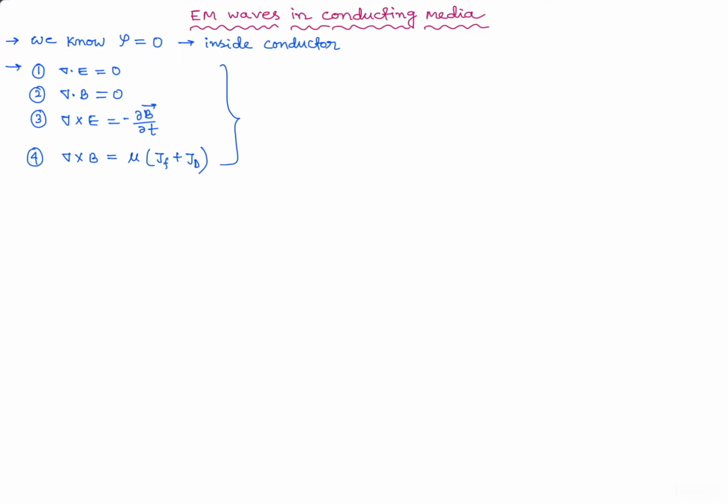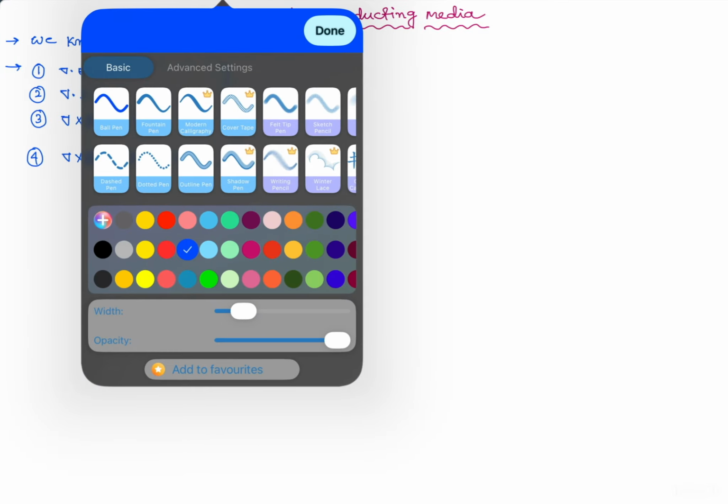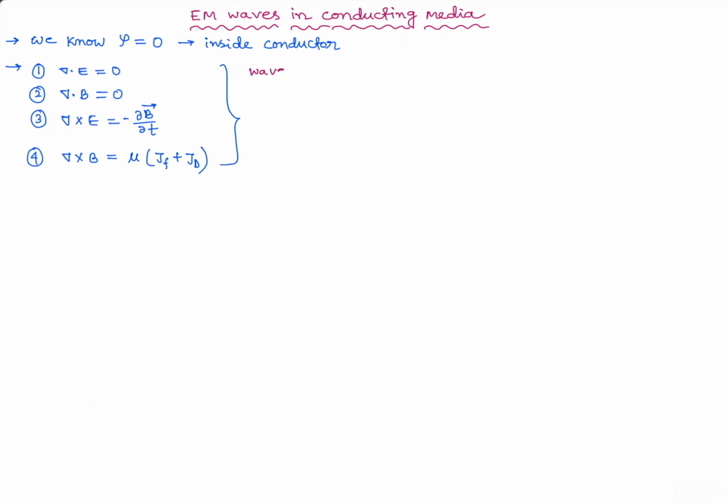Now if we construct the wave equation, similarly we at first take curl of the third Maxwell equation, then we get curl of curl of E equal to minus del t of curl of B. From this we get grad square E equal to del t of (mu sigma E plus mu epsilon del E del t).